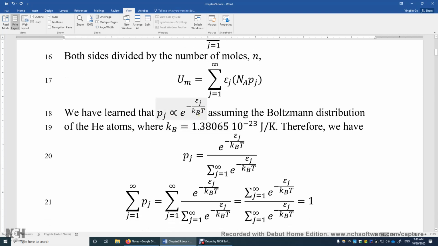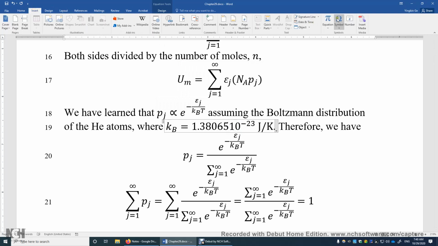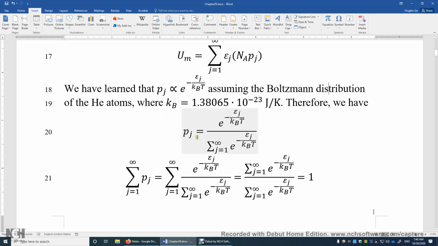So this kB is the Boltzmann constant. The value is 1.38065 times 10 to the power of negative 23 joule per Kelvin. And then we have this equation: the probability of finding a helium atom occupying the jth level is equal to this guy divided by this guy.